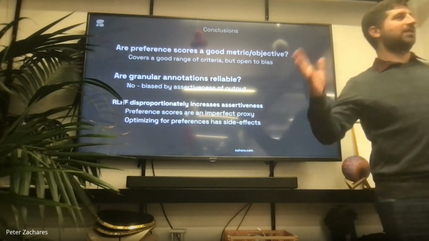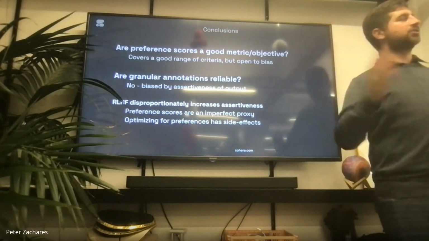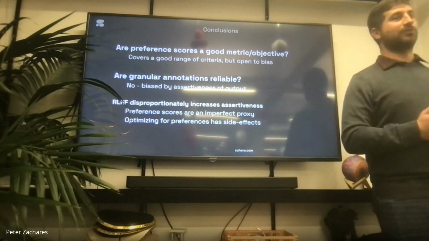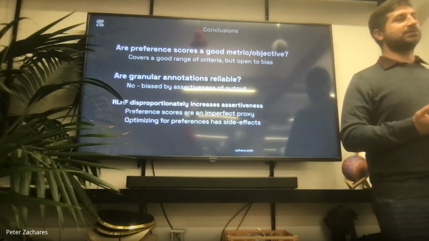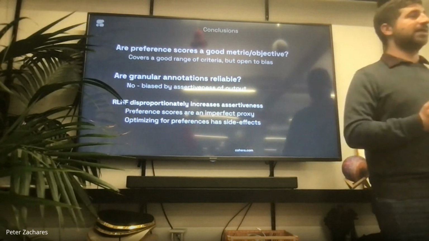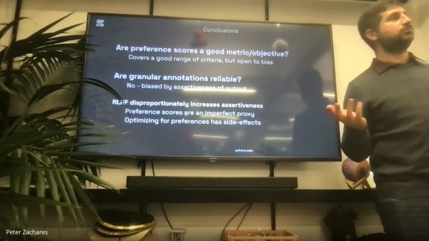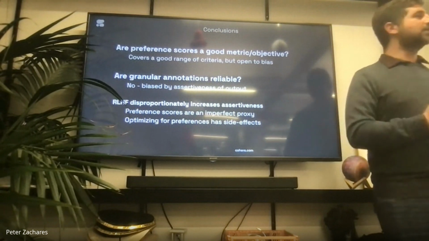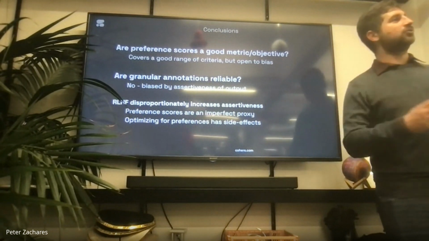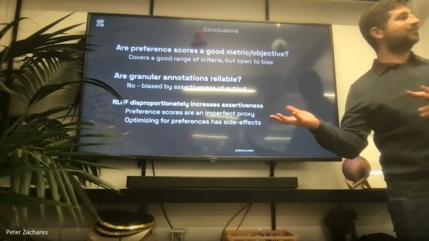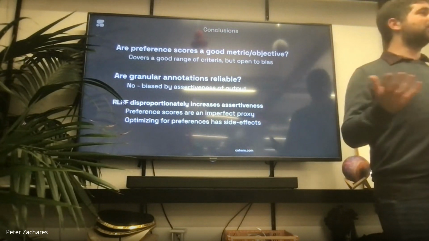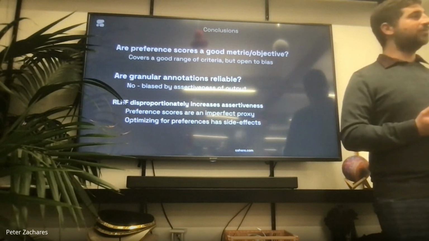The large LLM companies work with a large selection of vendors from pretty much all over the world. And there are a lot of open questions there. Things like, how does culture affect preference? How do various demographics affect preference? If you're younger, do you prefer more assertive generations? Do you prefer longer ones? All these questions are, I think, extremely interesting.